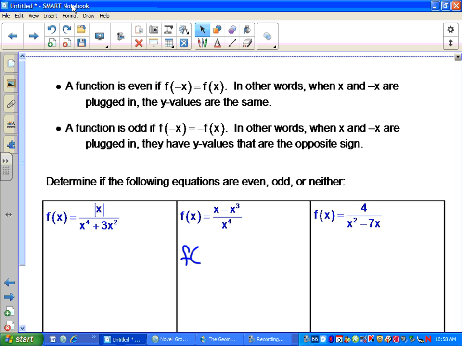Can somebody process why that is? Why is it that when I plug a negative in on an odd function, I end up with a negative version of the function, based on what you just learned about rotational symmetry? Think it through.